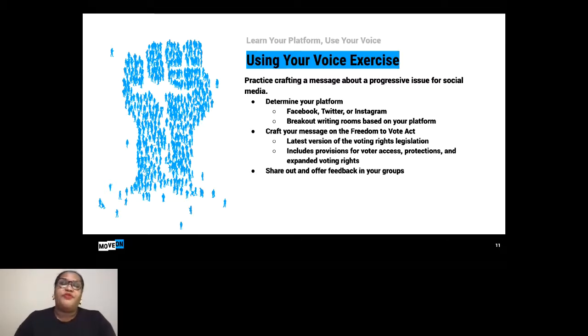It includes provisions for voter access, such as how many polling places per capita, per county, a state must have, what types of ballots states must accept, so mail-in ballots, drive-up, drive-through voting, that was a big thing last year, what protections there are for voters, as well as expanding voting rights. Those are the key tenets of this act.